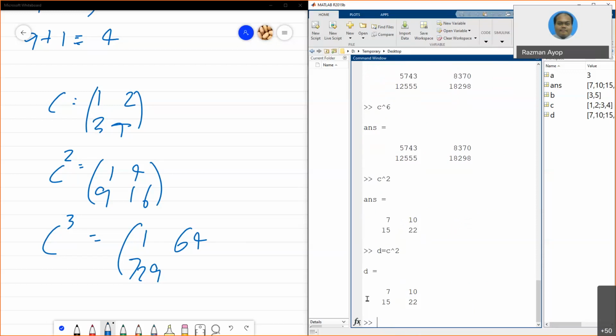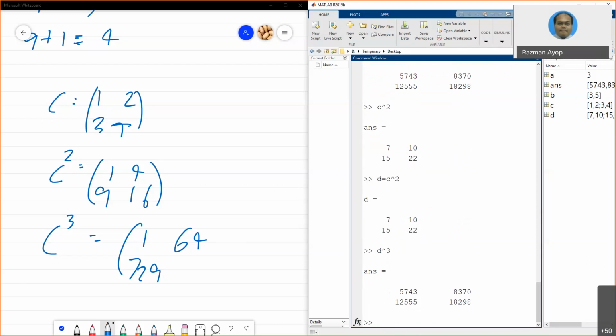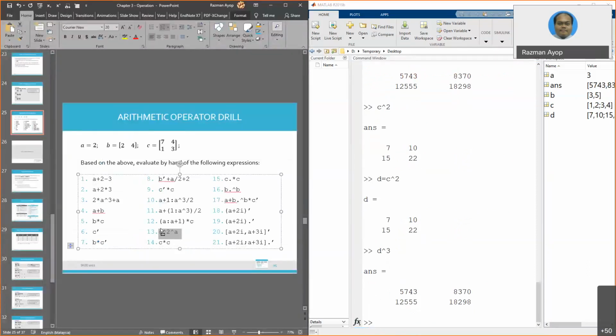Oh yeah, from left to right. For this case, like I said before, you have to solve C power of 2 first, and then the answer you have to multiply by this one.